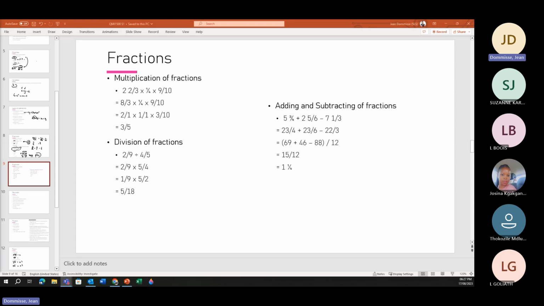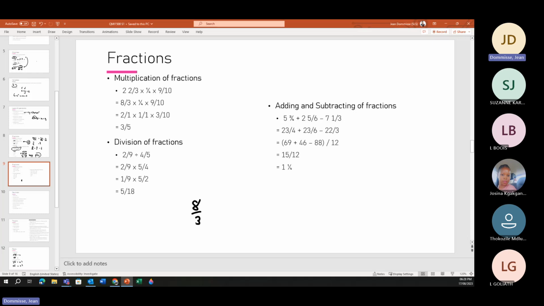Sorry guys, I'm back. Okay, so on with fractions again. This is something that I think will also be in the last assignment of the year, when you will probably get a question like this.